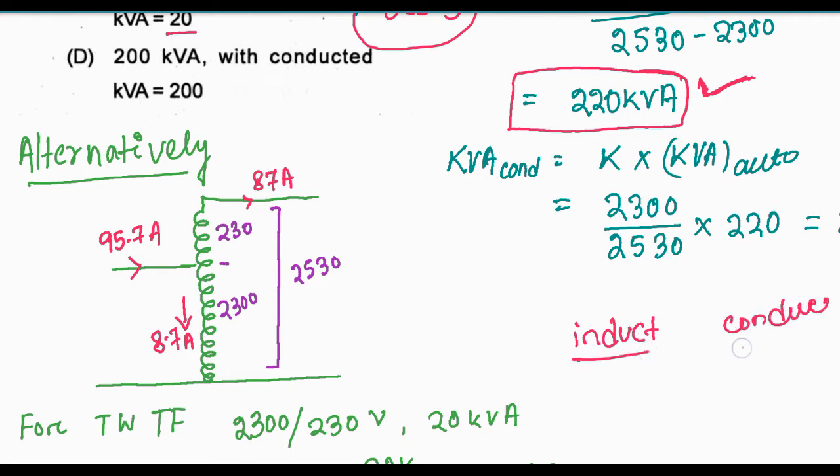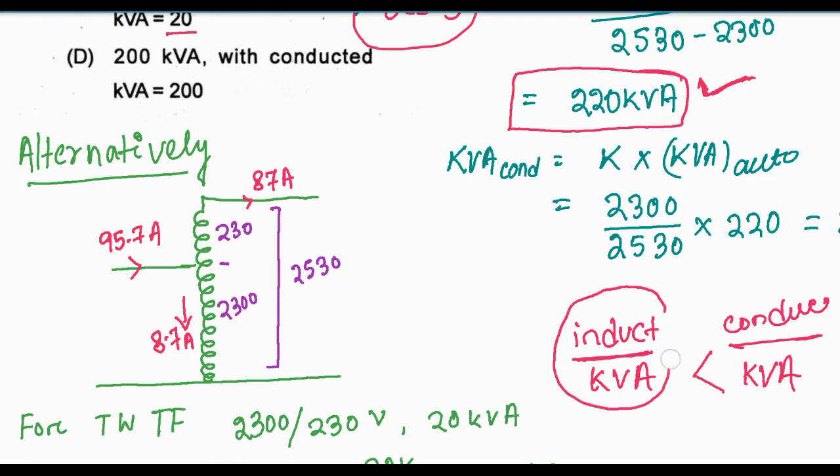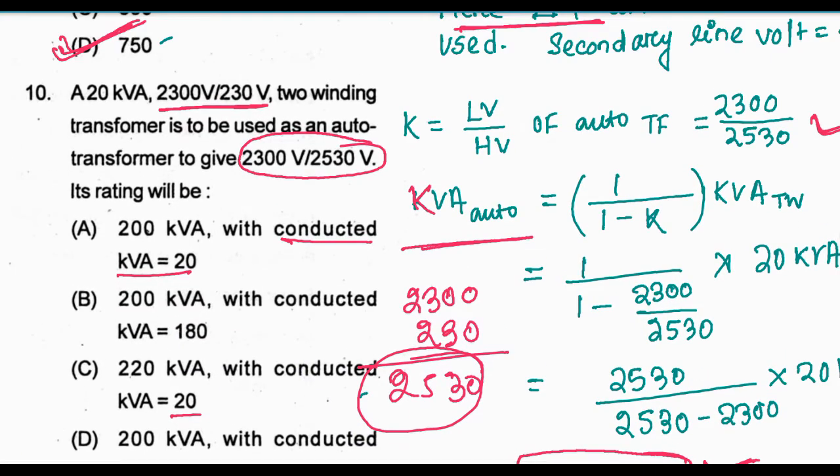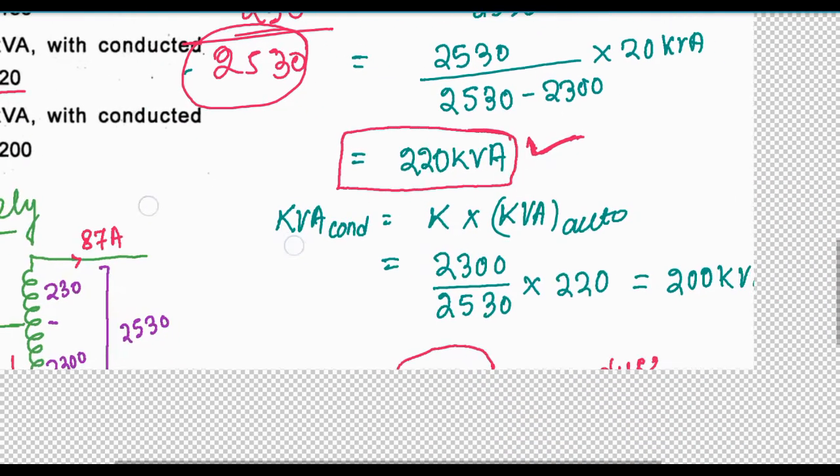That means the auto transformer has a direct connection between primary and secondary, and conductive kVA is always greater than inductive kVA. Another thing is that inductive kVA is the same as that of the two winding transformer when it is converted to an auto transformer. So the inductive kVA will be the same, that is 20 kVA.